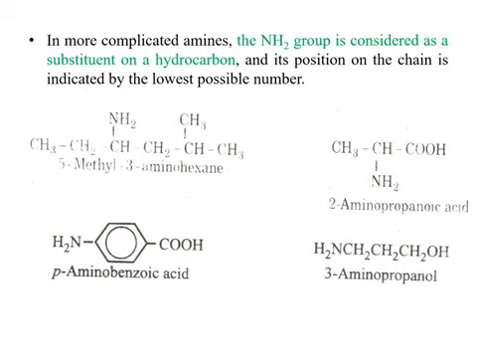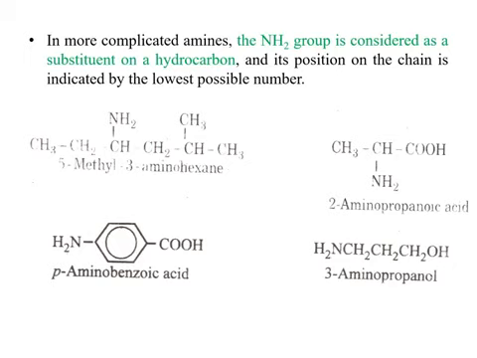If we compare the reactivity of carboxylic acid and amino group, then we find that carboxylic acid is the more reactive class. That's why carboxylic acid will become part of the parent chain, and the amino group will become a substituent. So this molecule will carry the name 2-amino propanoic acid.